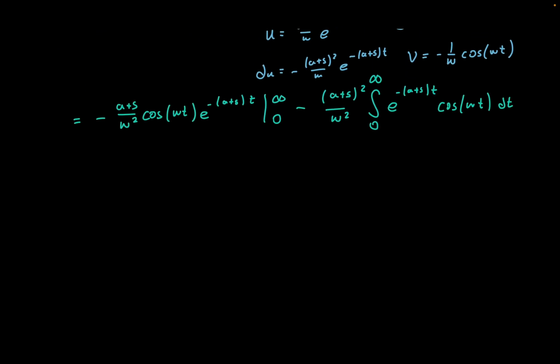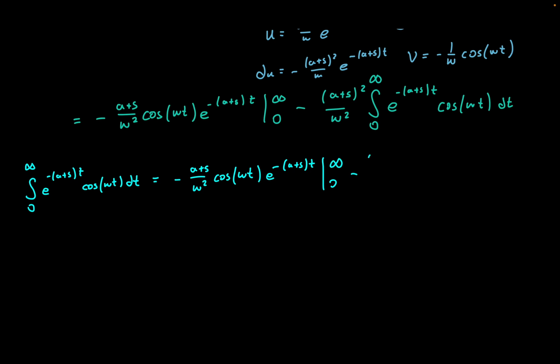So we could actually say that our integral from 0 to infinity of e to the negative (a plus s) times t cosine of omega t dt is equal to negative (a plus s) divided by omega squared cosine of omega t e to the negative (a plus s) times t, evaluated from 0 to infinity, minus (a plus s) squared divided by omega squared, integral from 0 to infinity of e to the negative (a plus s) t, cosine of omega t dt.